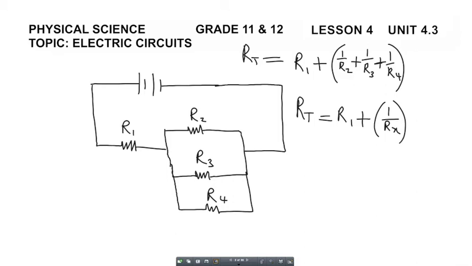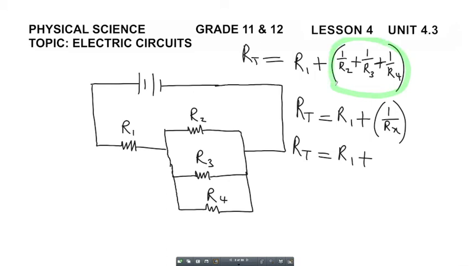So RT equals R1 plus, remember, the sum of those three resistors, R2, R3, and R4, is that unique Rx that I've indicated. So here we need to get the reciprocal of Rx, because as I said earlier, we are having a combination circuit, but our intention is to find the overall resistance. So therefore, this is my point of focus.